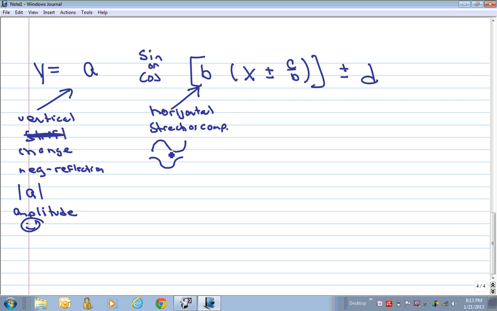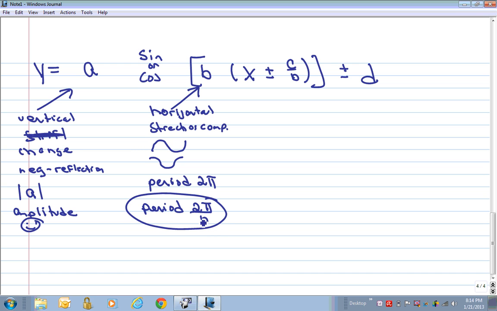But it will happen either in a compressed amount of space or a stretched out amount of space, and that is called your period. So this B value determines your period. Your basic period is 2 pi.